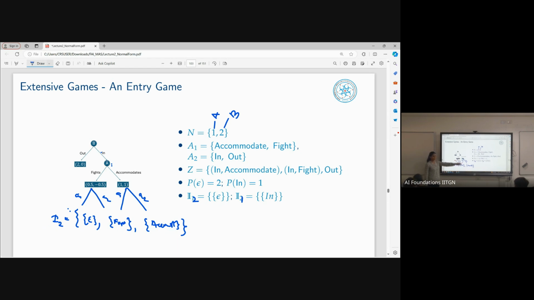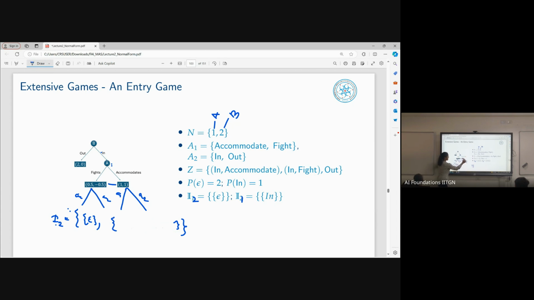Now, if I modify this game and say agent 2, while responding to agent A, does not know if agent A has put up a fight or accommodated. Let's say these two are indistinguishable to this particular agent. Then I'll still have two decisions to make. One is in the beginning of the history. The other is in this particular node.